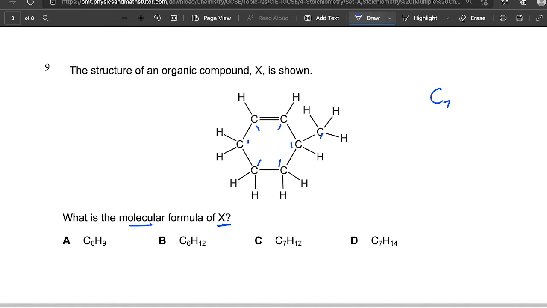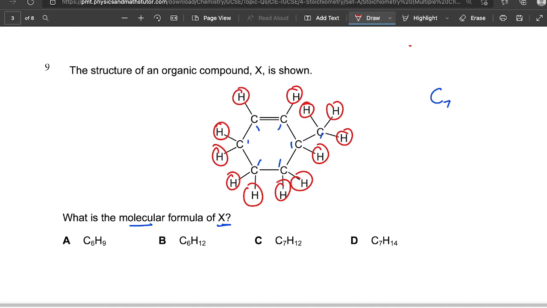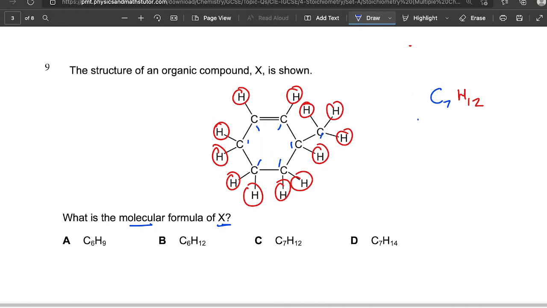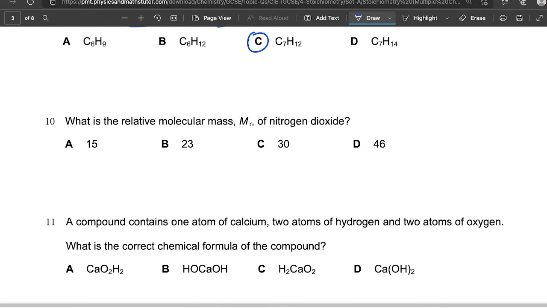Okay, now let's use a red pen or something to count the number of hydrogens. 1, 2, 3, 4, 5, 6, 7, 8, 9, 10, 11, 12. So hydrogen is 12. This one is such an easy question again. So the answer is C7H12. Okay, we move on to the next question.